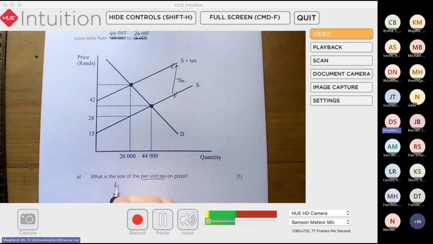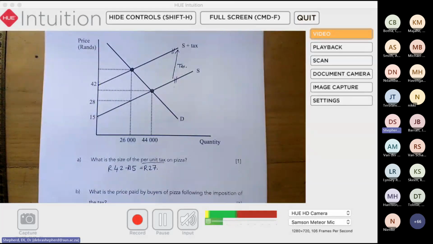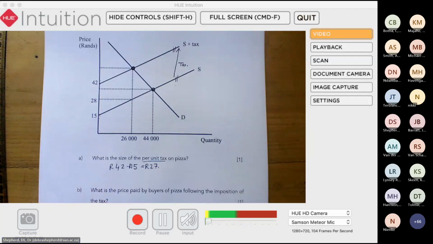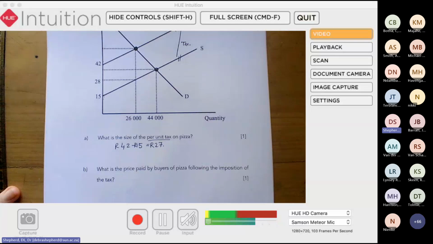So the tax is 42 minus 15, which is 27 Rand. Awesome. So if you don't get given the tax in the question, you can identify it by looking at the intercepts. Question B then says, what is the price paid by buyers of pizza following the imposition of the tax?